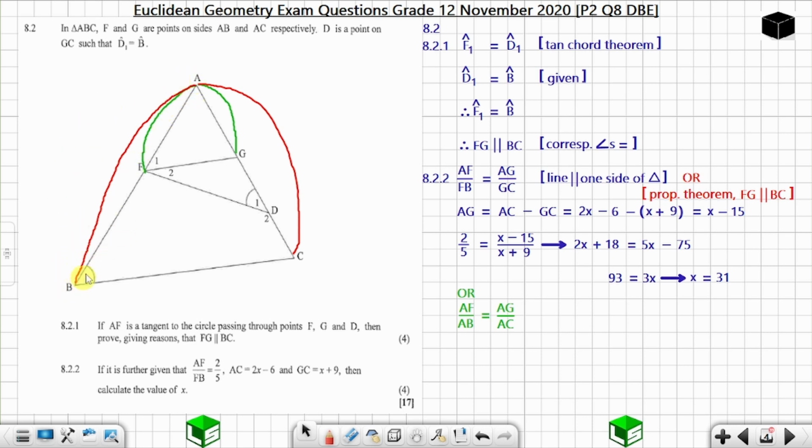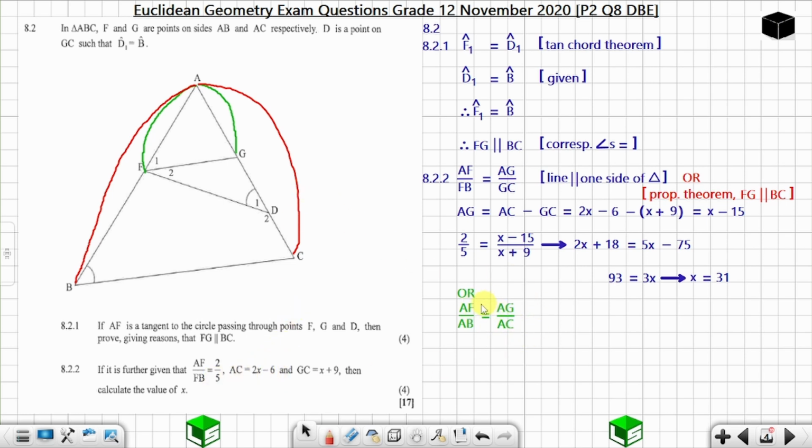Can you see? AF is 2, FB is 5, AB is 7. 2 plus 5, 7. So you have AF, which is 2, AB 7, AG, this is AG, and AC is given.